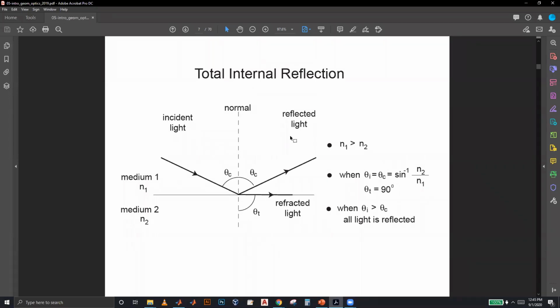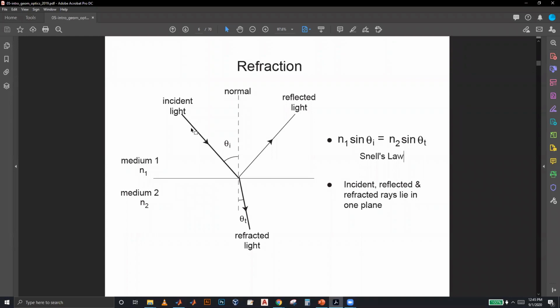The next case is a special case of refraction, which is called total internal reflection. A good way to visualize what is happening is to look at refraction taking place, and imagine the light incident angle is increased. Suppose this ray goes more and more towards the interface. So theta I becomes larger, and theta T will also become larger.